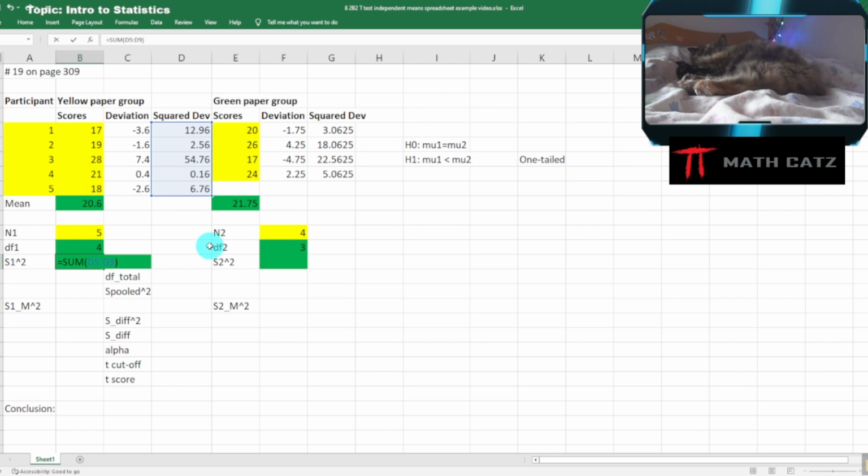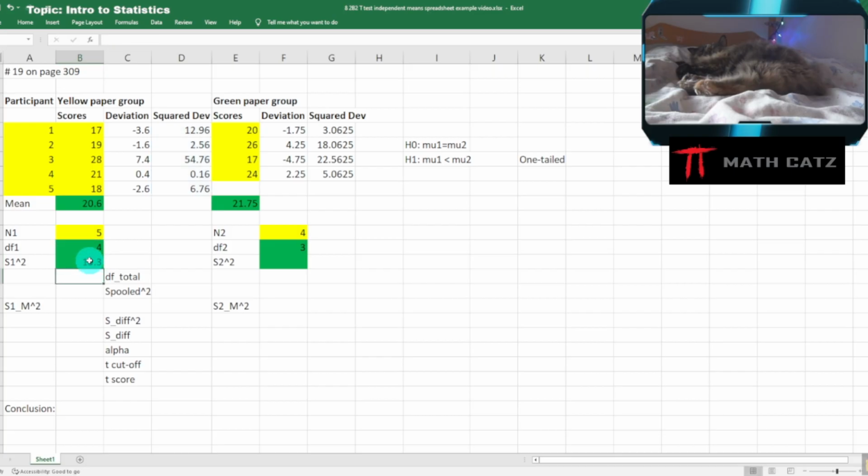And then I'm going to divide for an unbiased estimator by n-1, but our degree of freedom is exactly that. Oops, no, I did not actually divide. I can double click here to see my formula. Go to the end. I needed to actually divide by the 4, n-1.